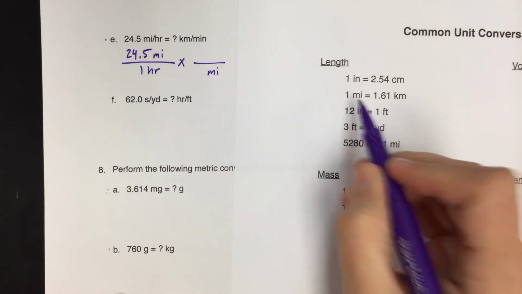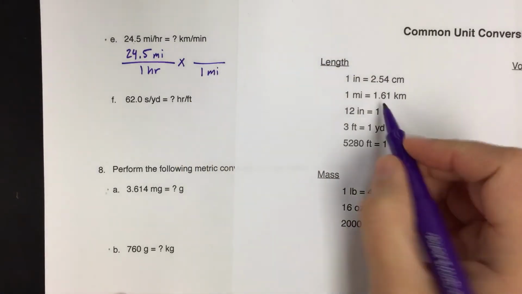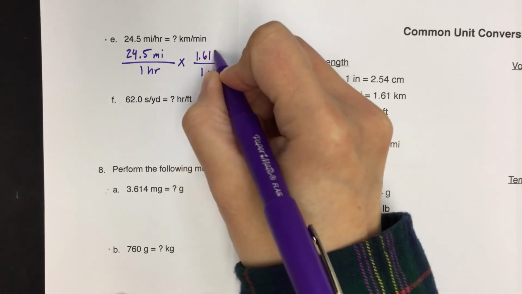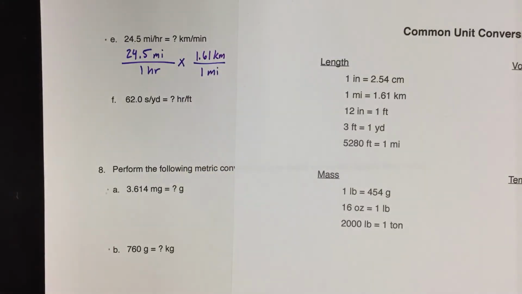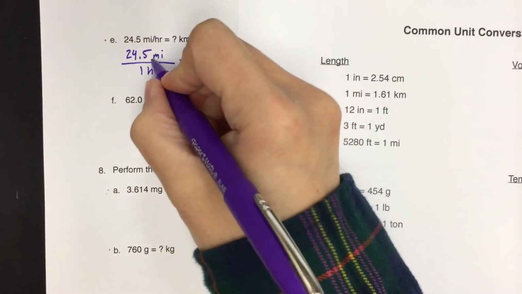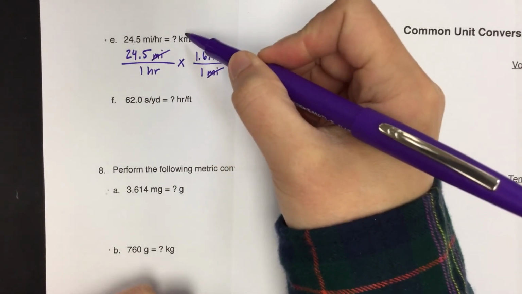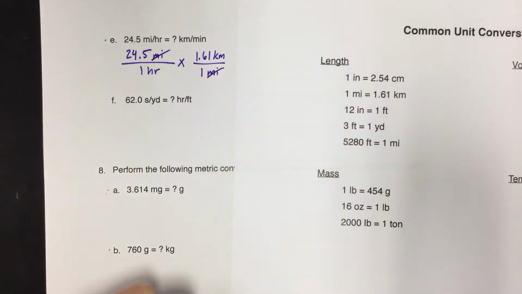And according to the conversion sheet, it's 1 mile is equal to 1.61 kilometers. So 1.61 kilometers will go on top because top and bottom of the conversion factor have to be equal. And that's good news because we get kilometers out of this after the miles cancel, which is what we want. And we want kilometers in the top, and it is in the top, so that looks good so far.